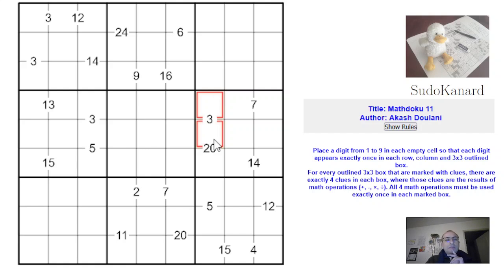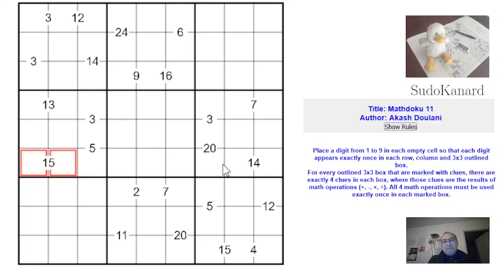And an important fact is that all 4 basic operations must be represented in every such region. There are exactly 4 operations, and one part of the job is to find which operation corresponds to each clue.